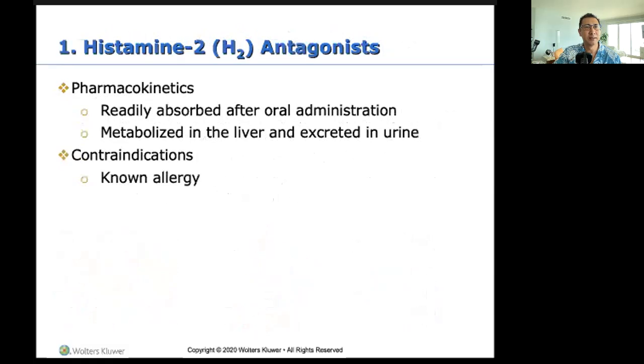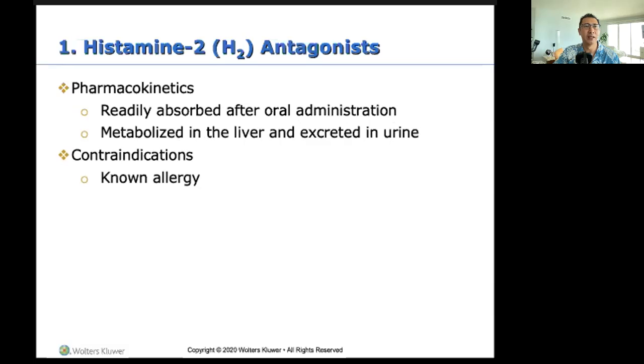One good thing about this H2 antagonist is that it's readily absorbed after oral administration. It works right away. It works great.